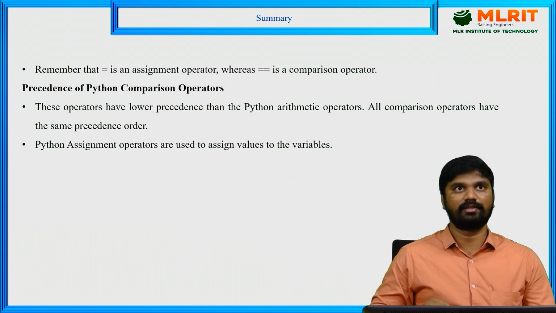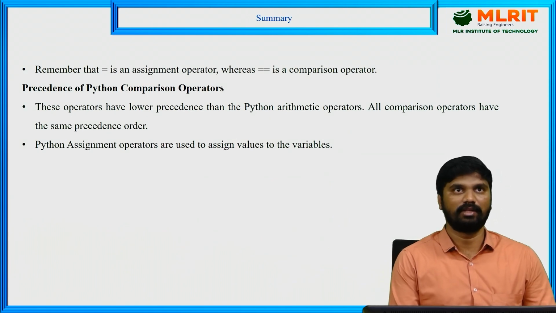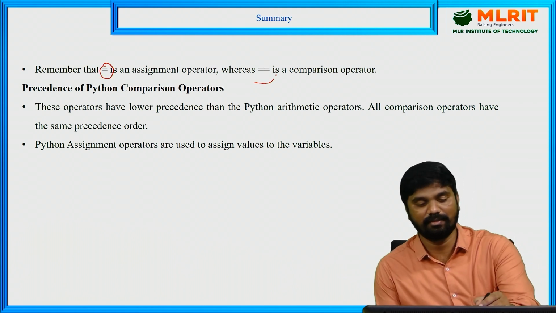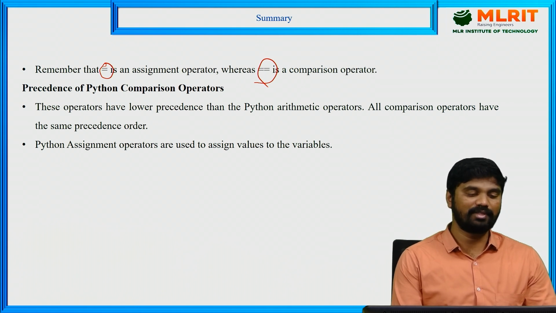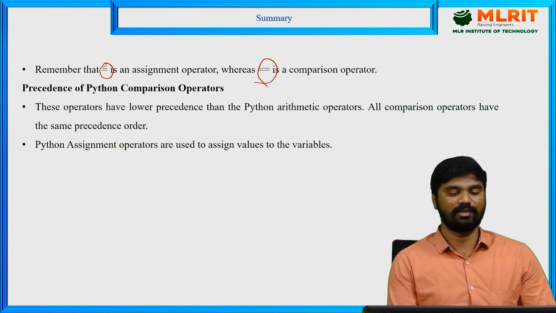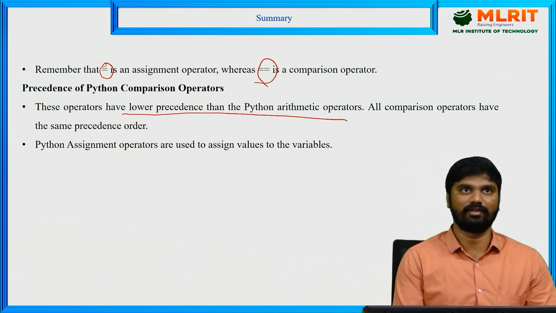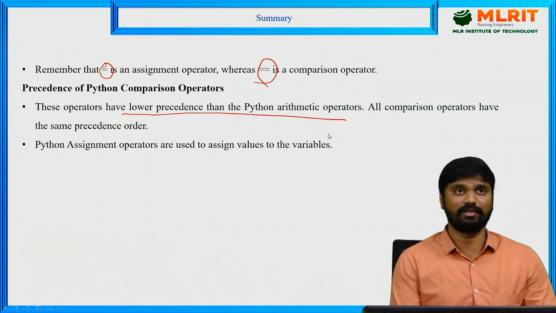Finally, remember that this symbol represents the assignment operator, whereas this symbol represents the comparison operator, as we have seen. Coming to precedence in Python for comparison operators, all relational operators have lower precedence than Python arithmetic operators, and all relational operators have the same priority level.